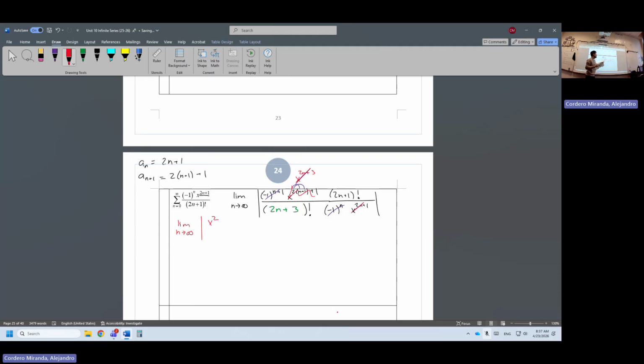Let's say I plugged in 1 for n, then this would be 3 factorial over 5 factorial. That would be 3 times 2 times 1 over 5 times 4 times 3 times 2 times 1. And if I plugged in a different number, same thing would happen, where these would all cancel except the biggest 2 terms, since this is 2 bigger than this.